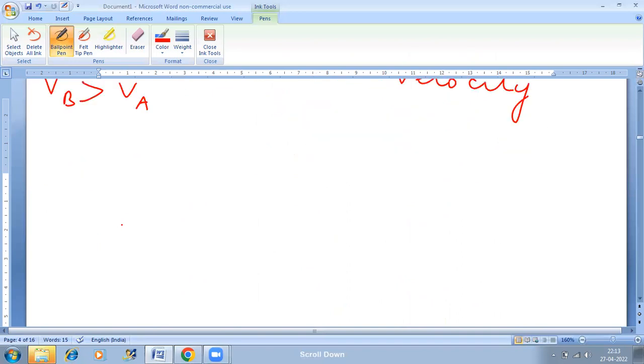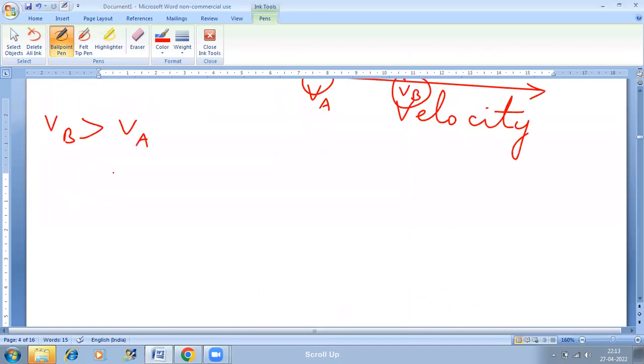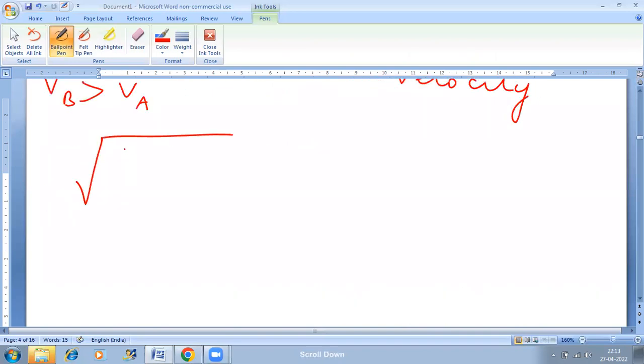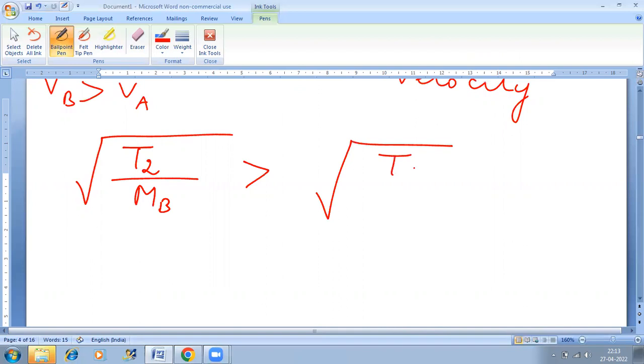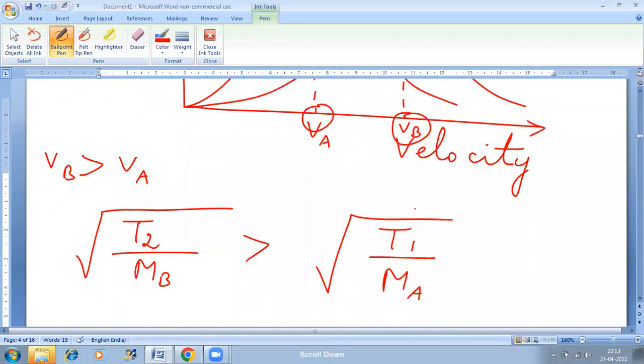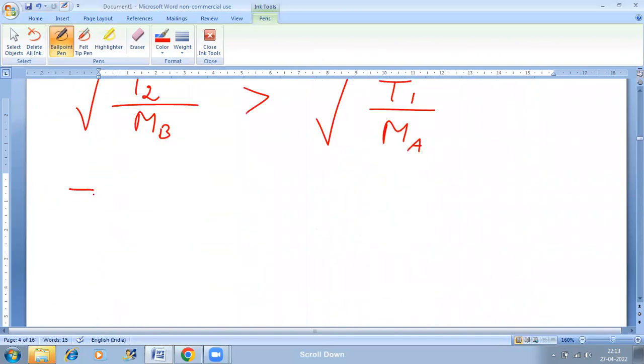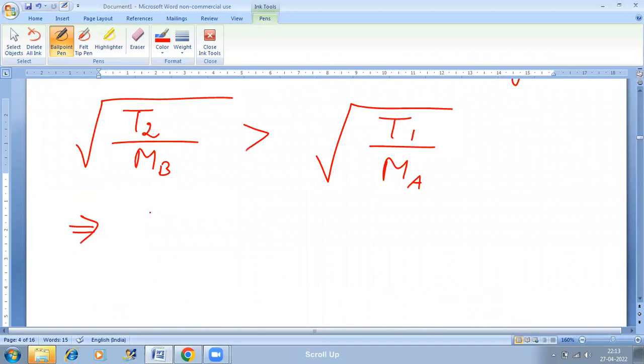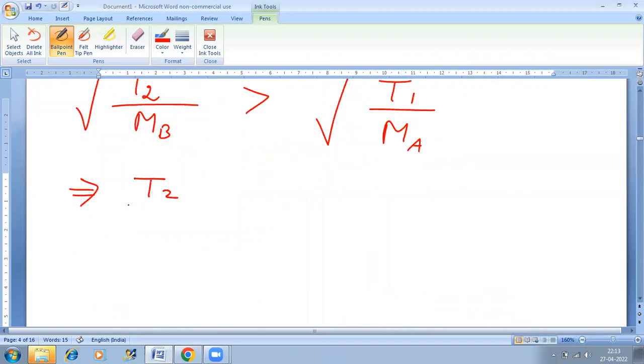So I can say now that if VB is greater than VA, then square root of T2 upon MB should be greater than square root of T1 upon MA. This is what I can write. If I remove the square root from both sides, I'll get T2 upon MB is greater than T1 upon MA.